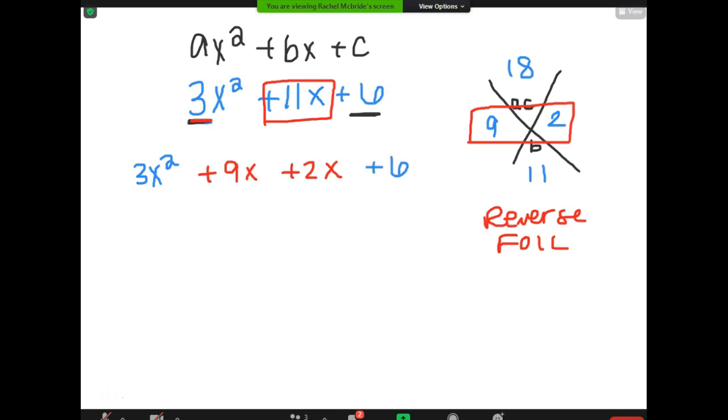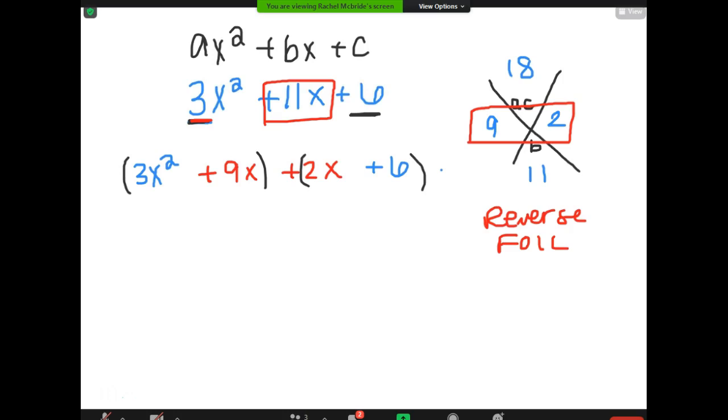And then write your plus 6. So again, this line right here looks like the line you would get in FOIL. And then to get your final answer, we're going to do factor by grouping, where you group the first two and you group the last two. So again, factoring with the a value greater than 1 is all the factoring techniques summed together.